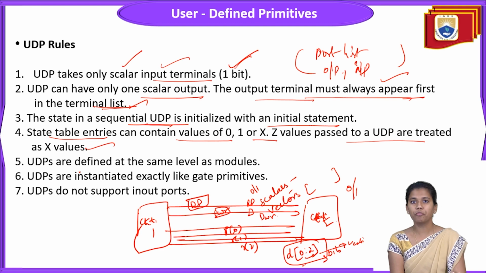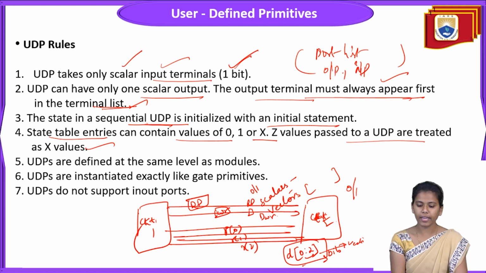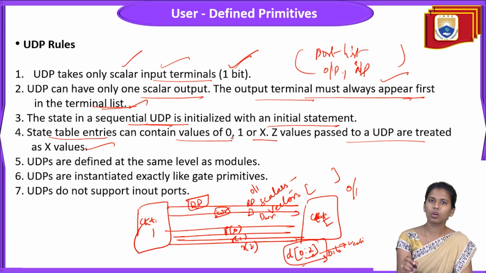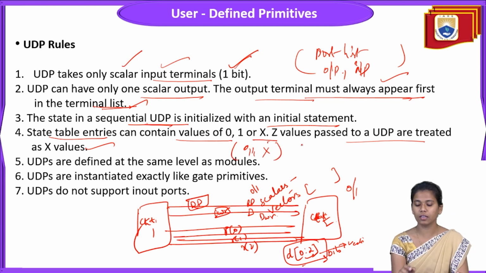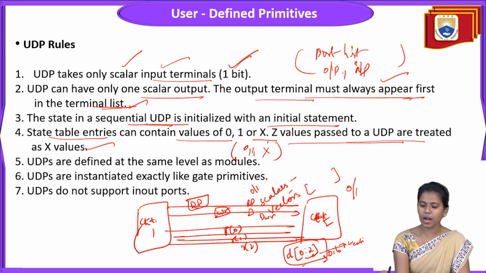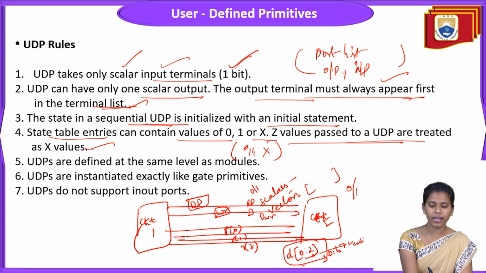So here the fourth statement is telling about a state table entry. It contains the values 0, 1 or x. Only these three will be considered. But z values passed to UDP are treated as x values.